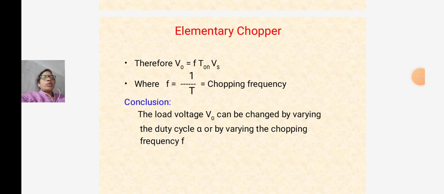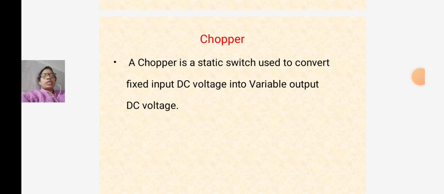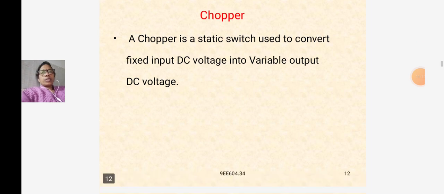Finally, the load voltage V naught can be changed by varying the duty cycle alpha or by varying the chopping frequency F. A chopper is a static switch used to convert fixed input DC voltage into variable output DC voltage.